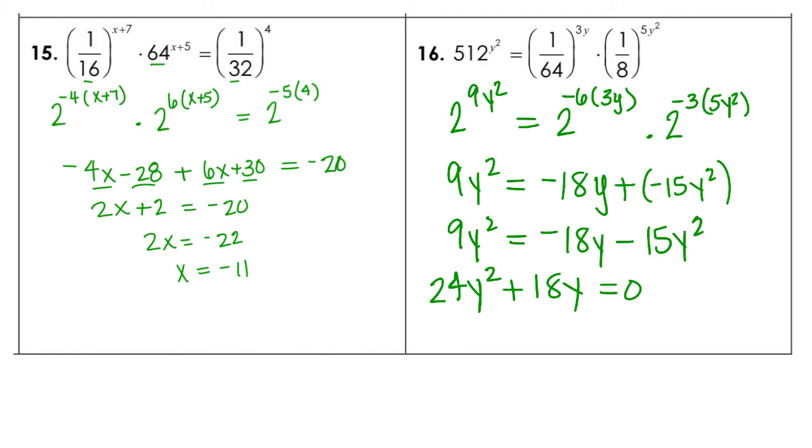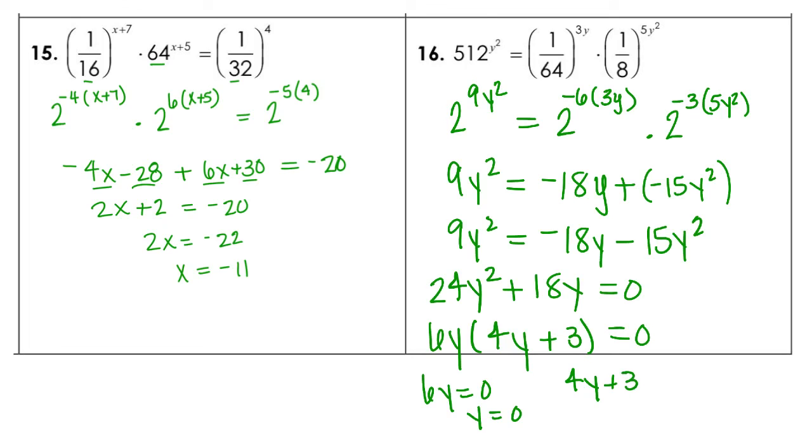Then we can factor, and it looks like we could probably factor out a 6y. And so we're going to have a 4y plus 3 left. Setting each part equal to 0, well, 6y equals 0, so y is 0 here. And 4y plus 3 equals 0, so y is negative 3/4.